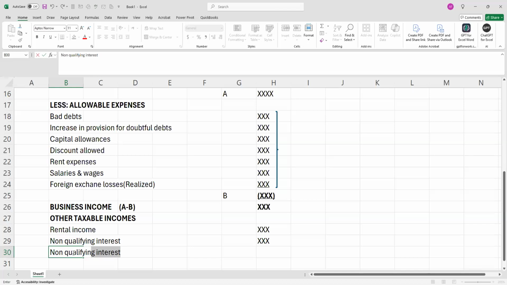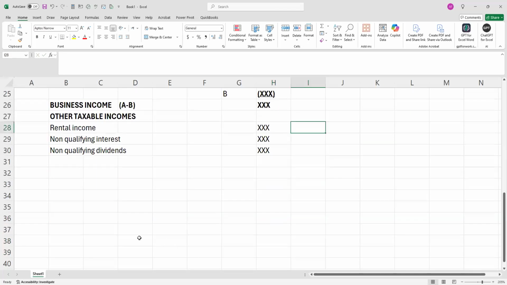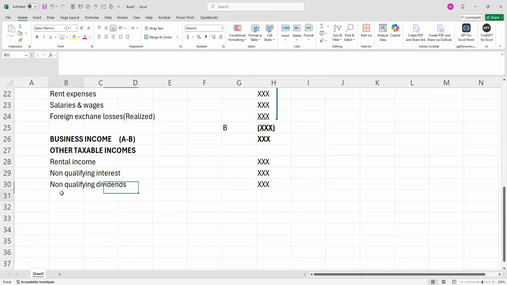Non-qualifying dividends, consider them at this point. And any other investment income that you might be having, which is taxable.